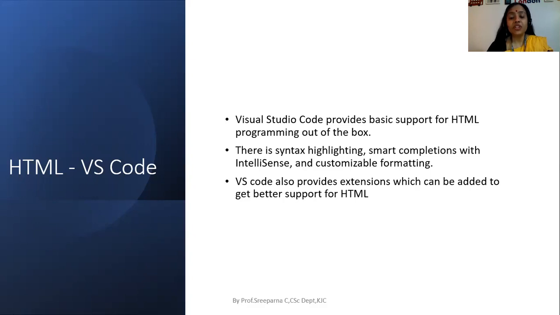There is a technology called IntelliSense which helps in completion of the tag, which means if you are opening a tag, the closing tag will be automatically suggested for you, as well as customizable formattings. VS Code also provides extensions which can be added to get better support for your HTML file. Let us see these features one by one.